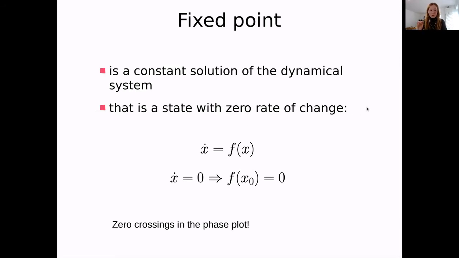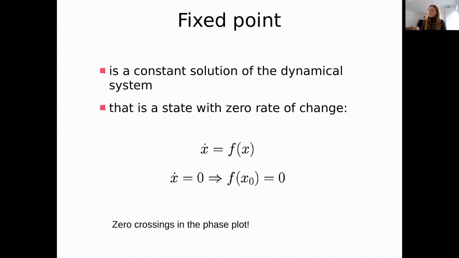And what's important is that all entries in your state vector need to be 0, because otherwise it would still change in one direction while being fixed in others, right?